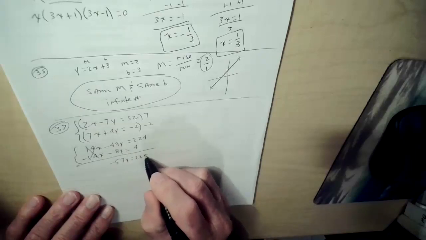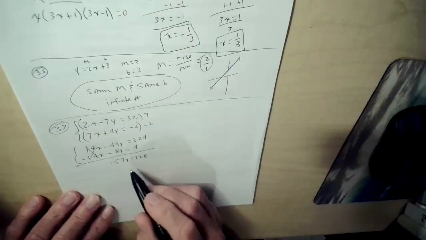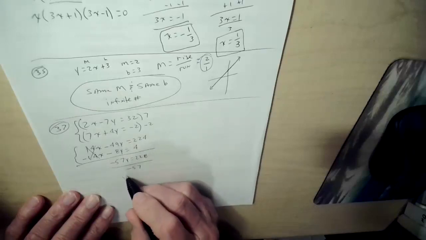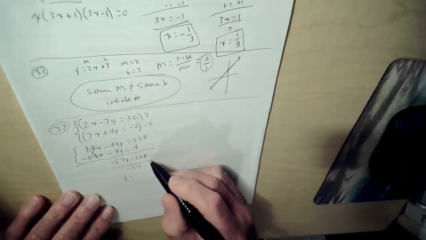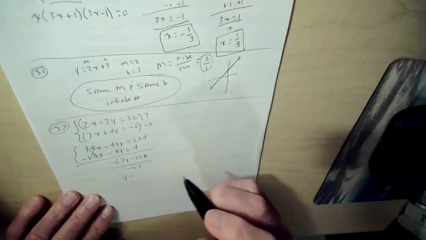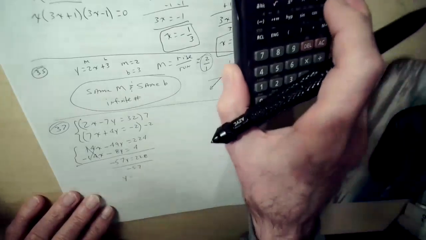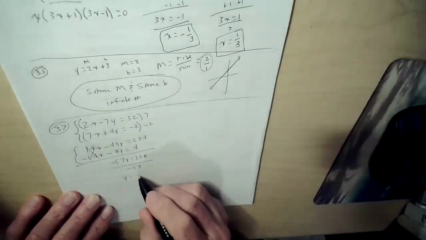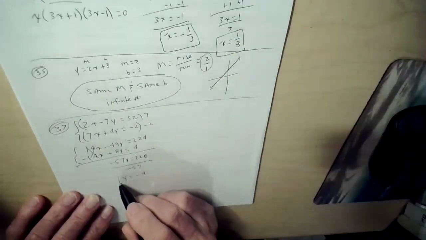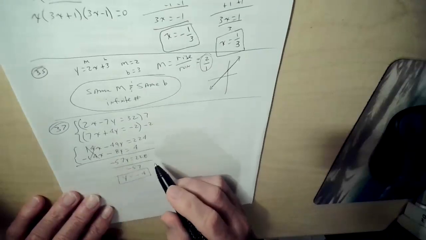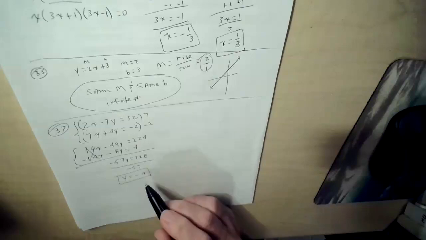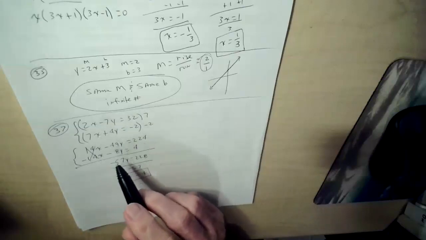That's negative 57, I think. y equals 228. Okay, so we divide by negative 57, and y equals, remember the fraction bar means divided by, so 228 divided by negative 57 is negative 4.